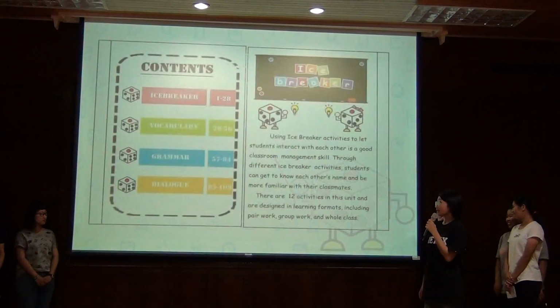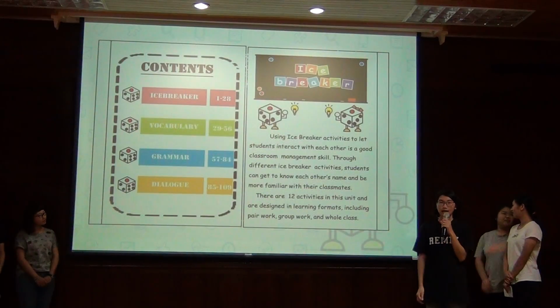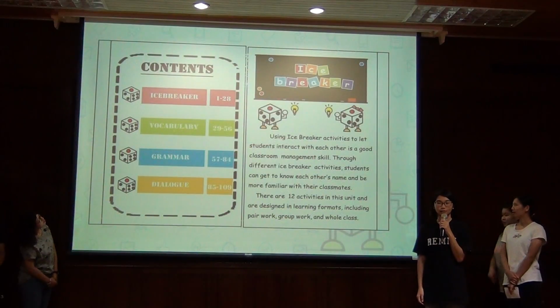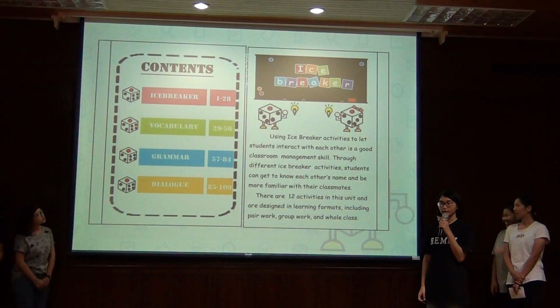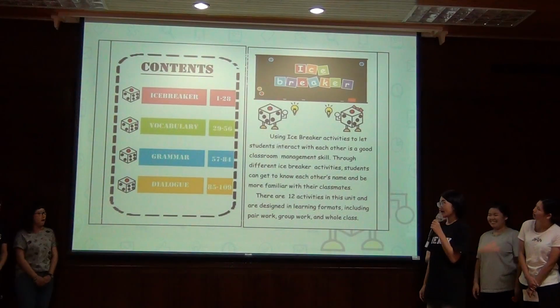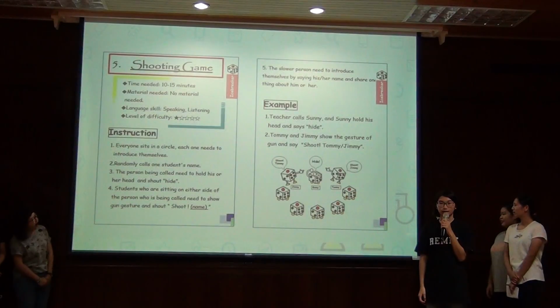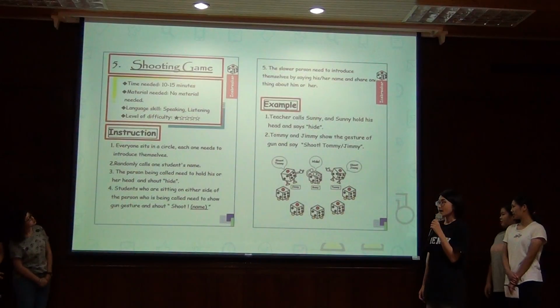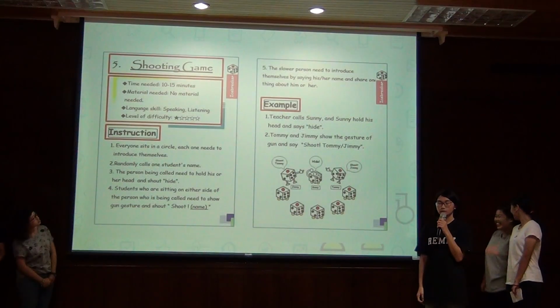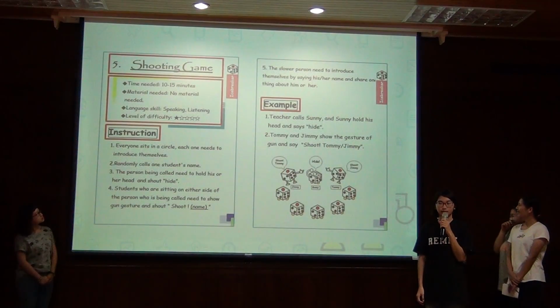This is our Actipedia. It is our main product. We classify it into 4 sections, including icebreaker, vocabulary, grammar, and dialogue. And it has the purpose for each section. Then it has time, material, language skill, label, instruction, and example for each activity.